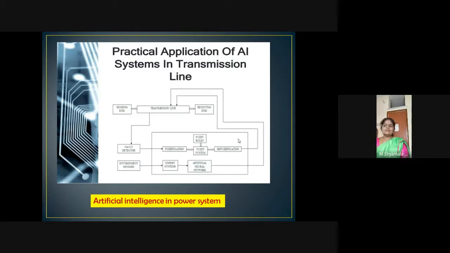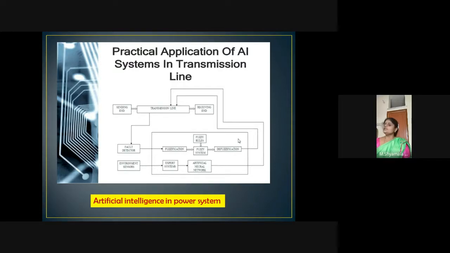We are not depending on a lineman. We are not going through days and dark nights without supply. There are many types of fault detection available in day-to-day life. In that, distance relaying, differential relaying, and many types of relaying methodologies have been applied. This fault detector takes information from the transmission line.